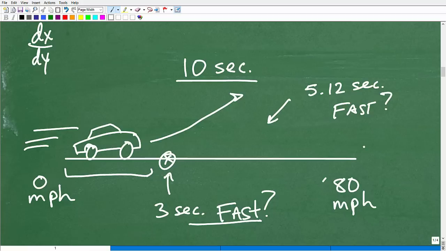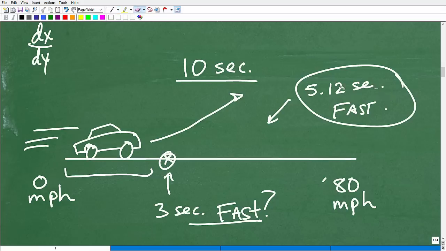To figure out the answer to these instantaneous problems, where I could get a snapshot of what's going on at that precise moment, requires calculus. We can't use average speed and time and distance. That doesn't work in this kind of scenario.